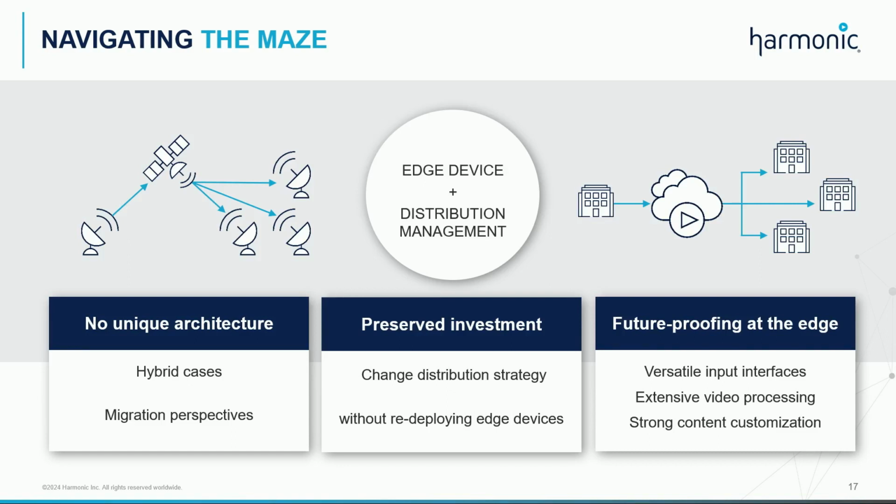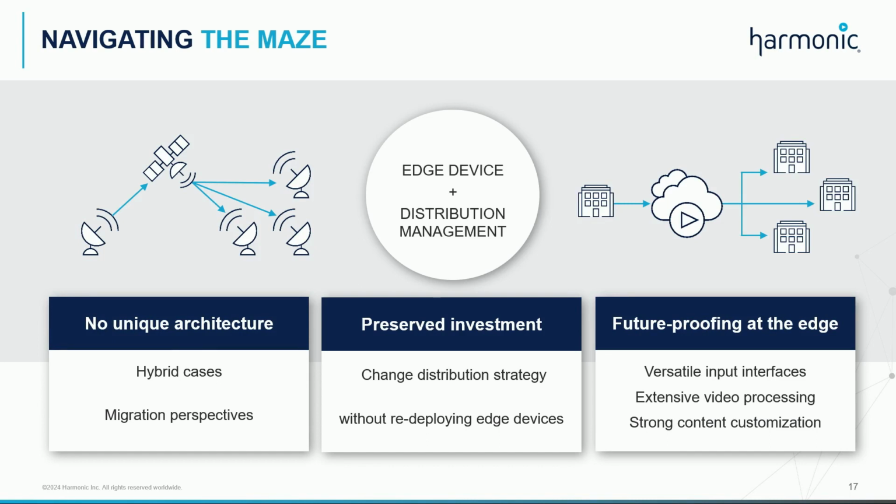So having the possibility to preserve the investment and let the customer change his distribution strategy without redeploying all the devices at the edge is really of the essence. So you need to be able to propose to your customers the possibility to change from one delivery system to the other at their own pace.